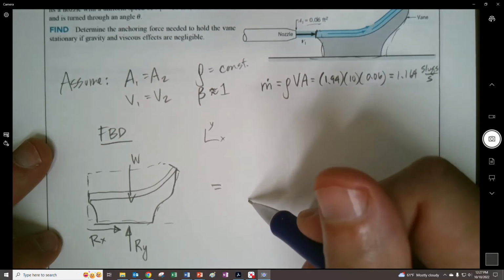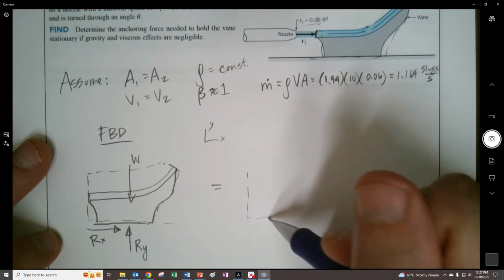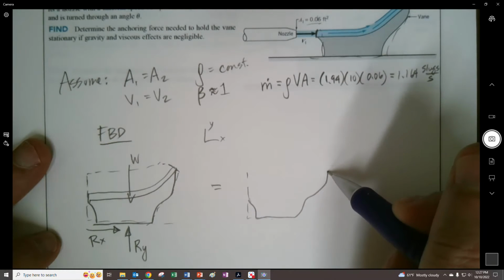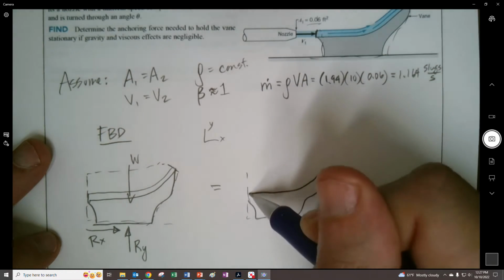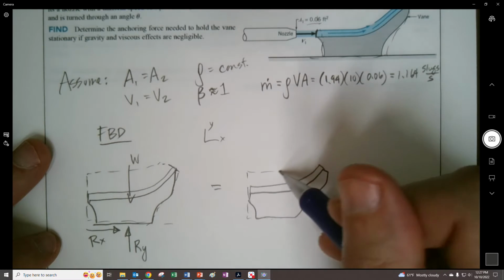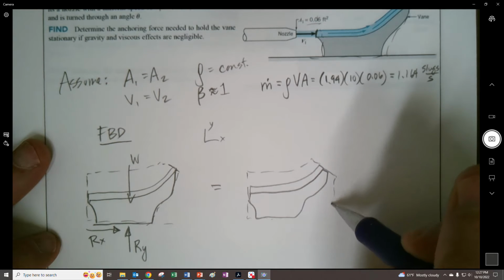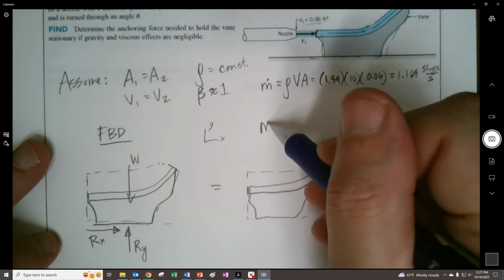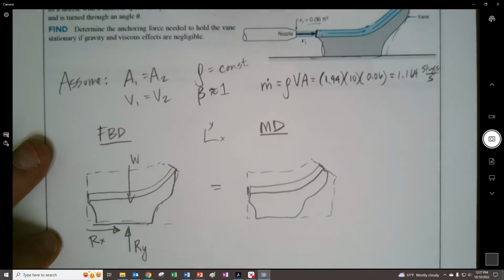And we're going to set that equal to, try to draw the same thing again. No, I'm not doing a great job of it. There we go. So here you go. Here's our control volume, and here are our control surfaces. I'm going to call this my momentum diagram.